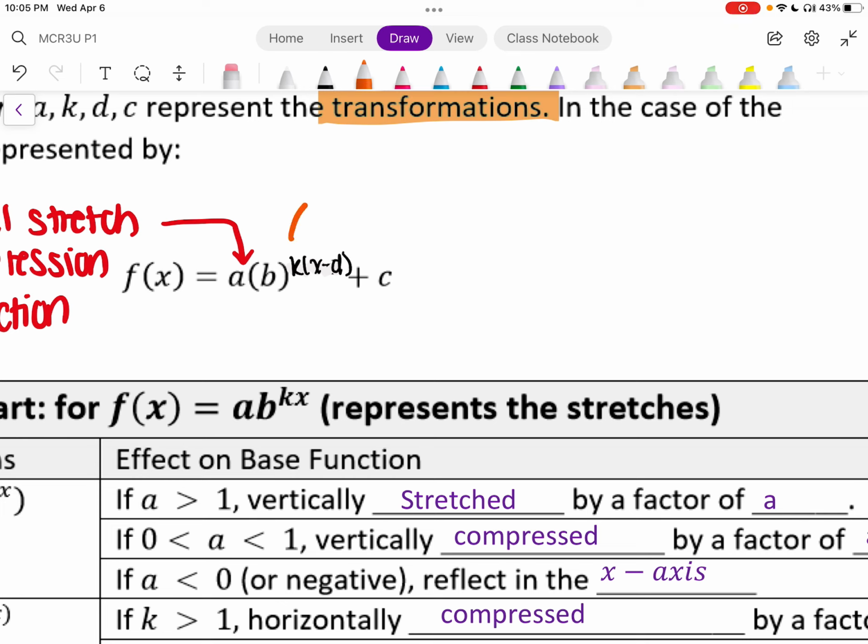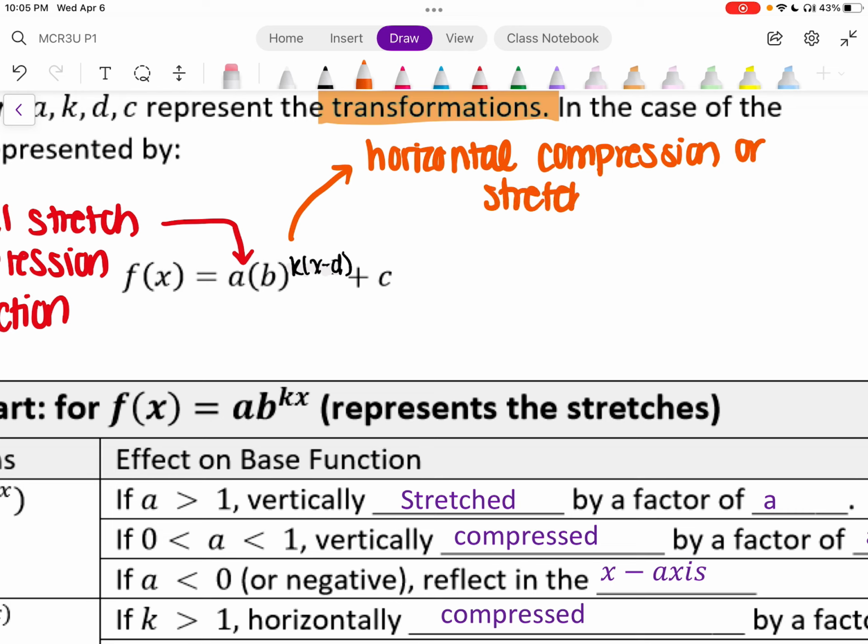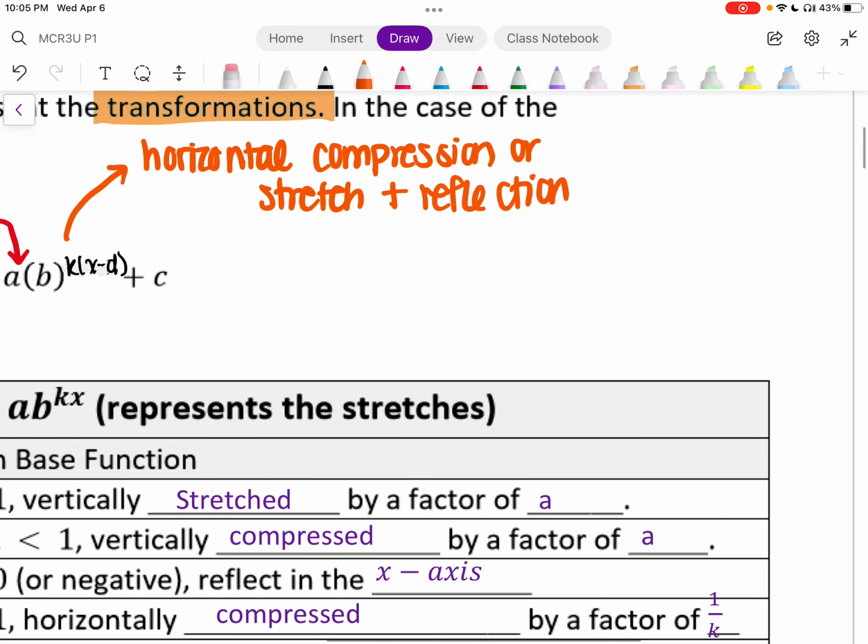So here, this k value represents the horizontal compression or stretch, as well as the reflection in the y-axis. Okay.